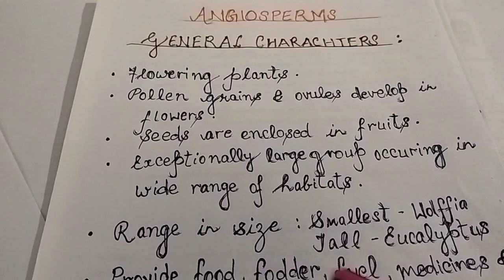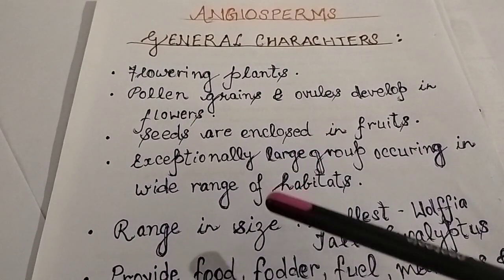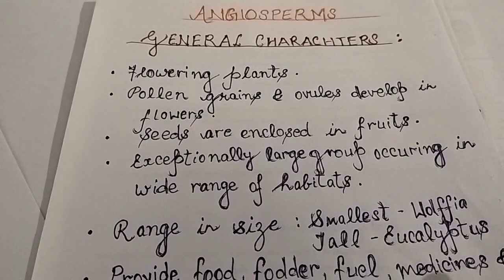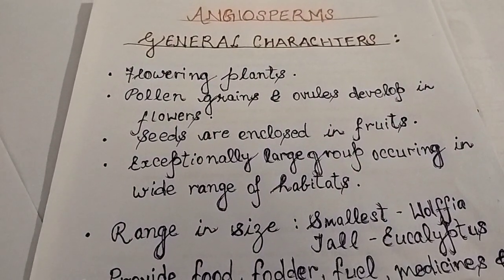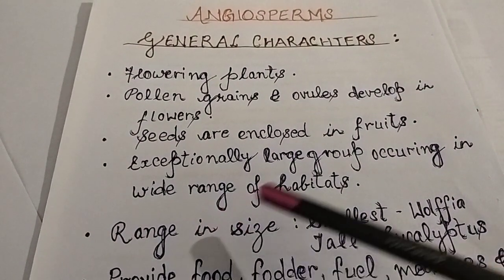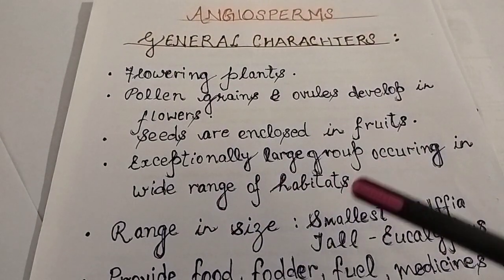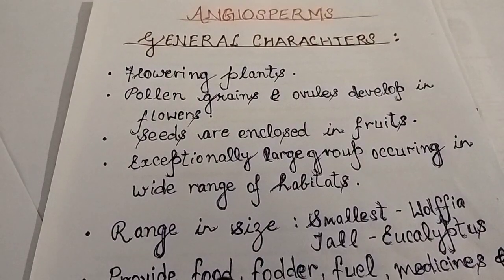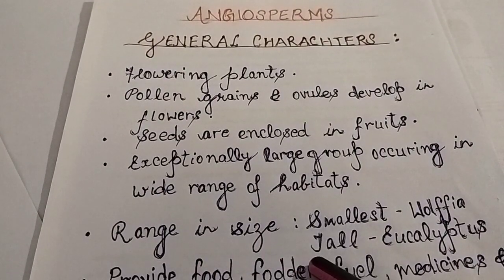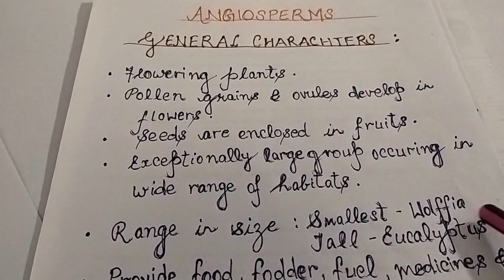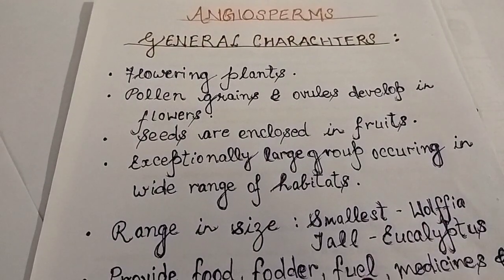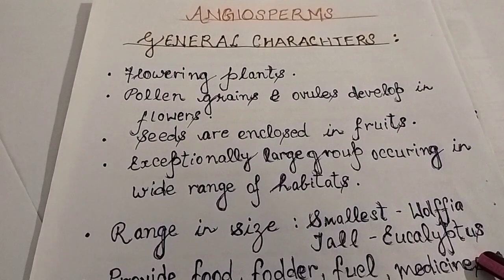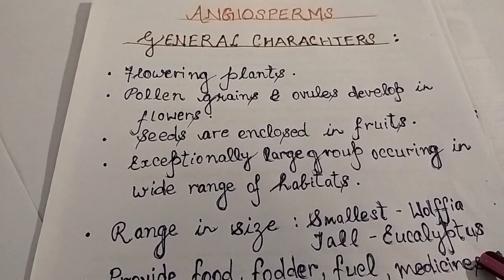So, as we discussed above, angiosperms are an exceptionally large group of organisms having a wide range of habitat, means they grow in various kinds of habitat found everywhere, and also they range in size from the smallest, that is Wolffia, to the tall ones, that is eucalyptus, which grow over 100 meters.